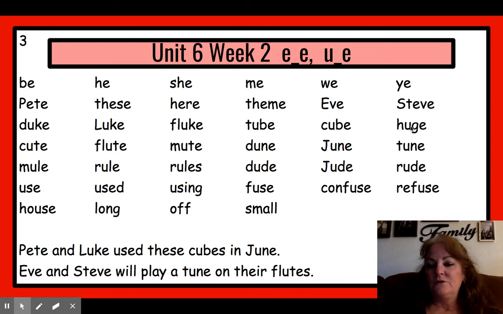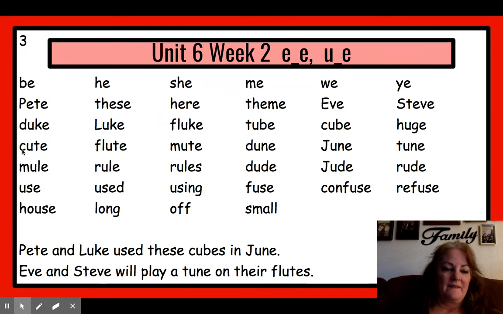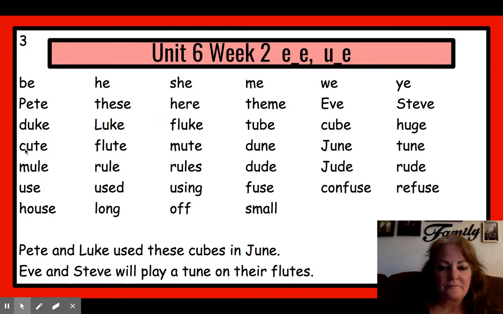Huge. Remember from last week, we learned that GE at the end of a word always has the J sound and a silent E. Okay, let's read this line. Duke, Luke, fluke, tube, cube, huge. All right, next line.